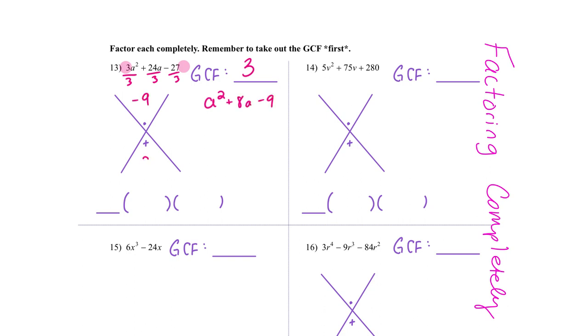So negative 9 in the top, 8 in the bottom, and I get positive 9 and negative 1. The 3 from my GCF gets to hang out front. Remember, it doesn't get to play, but it's always there. And then I'm left with a plus 9 and a minus 1. We use a to the first, not a squared, because what we were factoring was a squared, so it's going to stay a to the first.